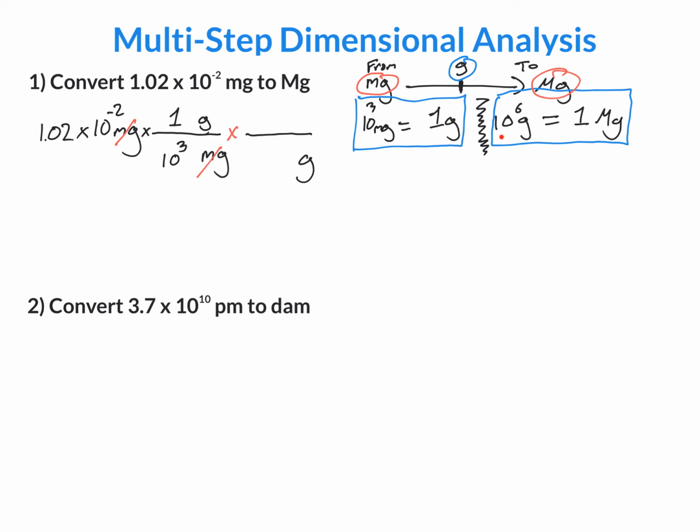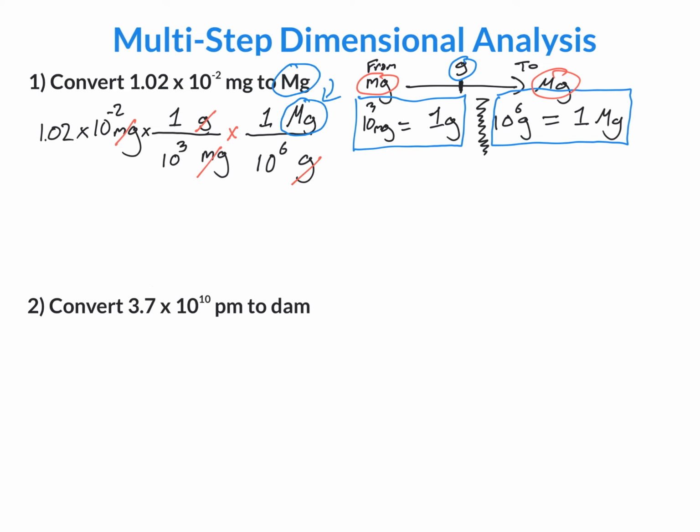I know that 10 to the 6th goes with grams here, so that must go on the bottom. And finally, that means 1 megagram must go on top. You know that you set this up properly if in the end, what you're left with is the unit of measurement that you're trying to convert to. And we are indeed trying to convert to megagrams, and megagrams is indeed in the numerator at the end of our problem.